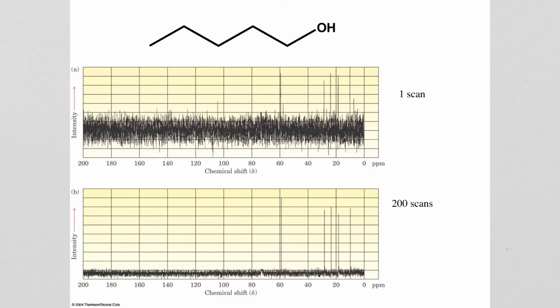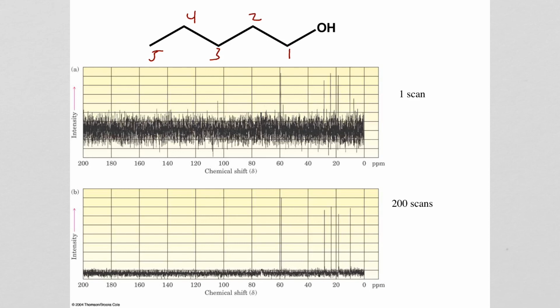So I mentioned that carbon-13, because it's not a very abundant isotope, takes a little bit longer for us to acquire a meaningful spectrum. Here is a spectrum for 1-pentanol, and in 1-pentanol we have 5 different kinds of carbon, so we would expect to see 5 peaks in the C13 NMR.